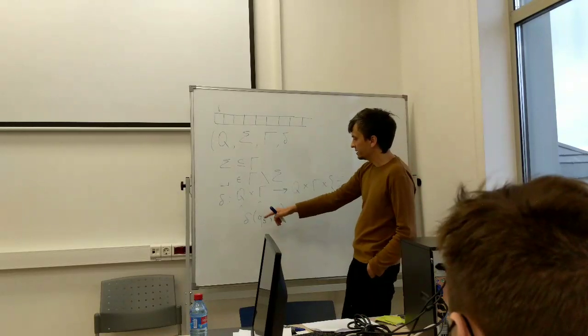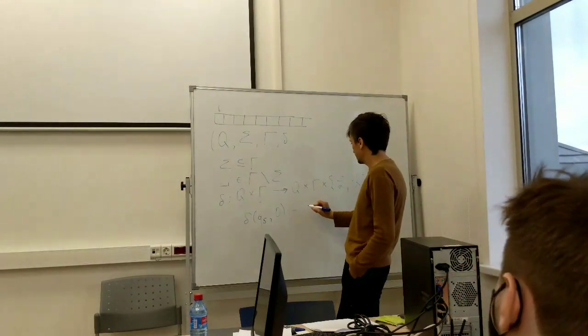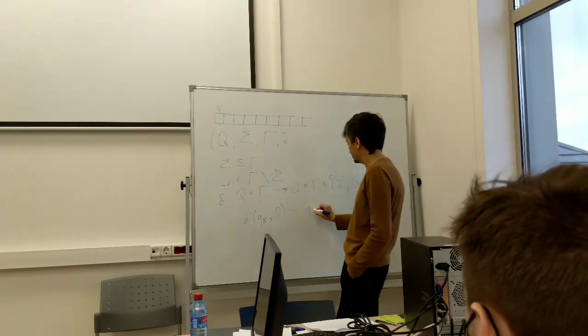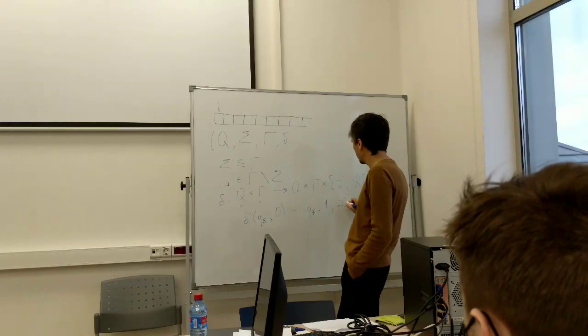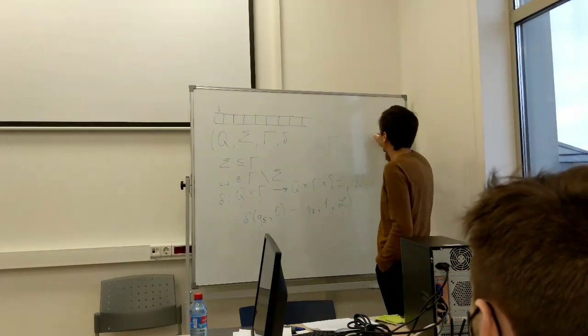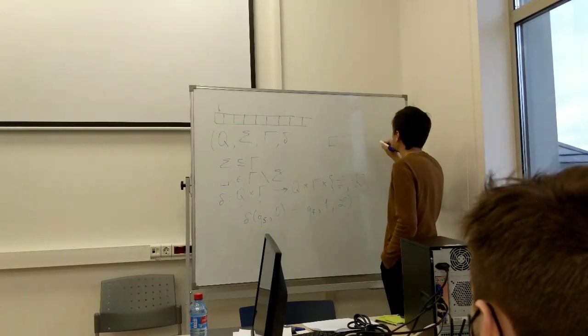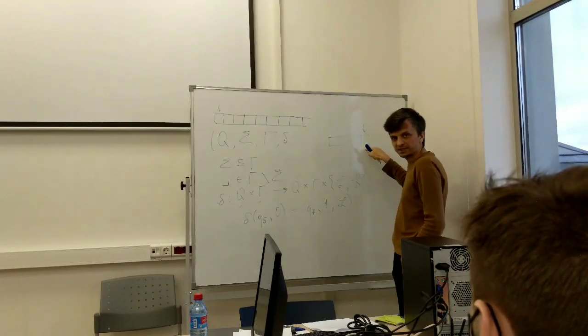So it can be something like delta of Q5 equals, let's say, Q7, 1, L. This means that suppose the head looks at this cell.